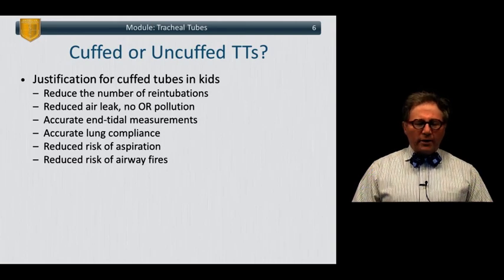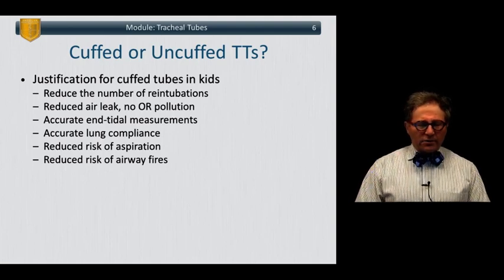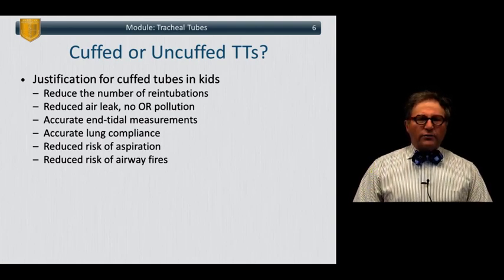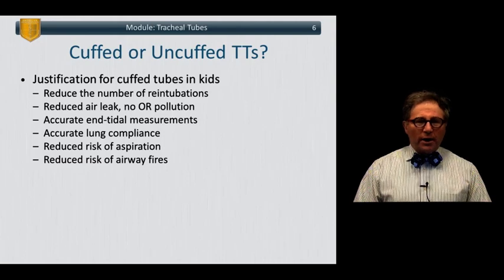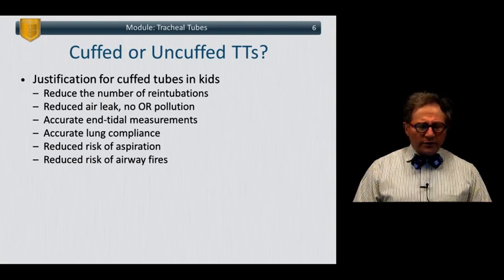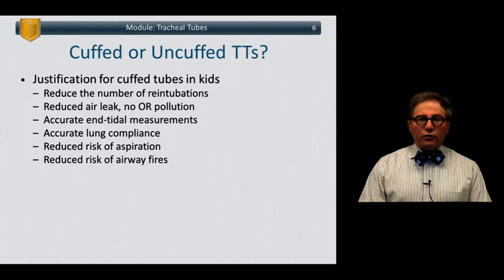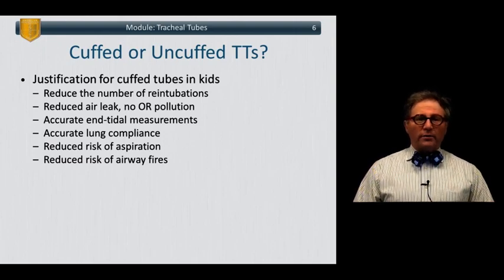A reduced air leak to reduce OR pollution. To get more accurate measurements of end-tidal measurements. To more accurately measure lung compliance with a lot of programmed anesthetic machines, monitors, and for the reduced risk of aspiration and airway fires. The latter 2 points certainly have not been evidence-based recommendations.